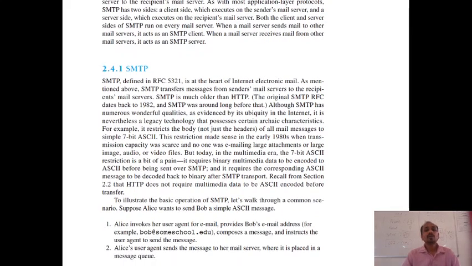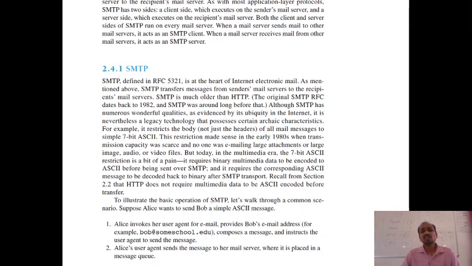Now there are a few rules and regulations for the SMTP protocol. Whatever message I type should be converted into 7-bit ASCII code. Whether it is a normal document file, an image, an audio or a video, everything should be converted into 7-bit ASCII code.